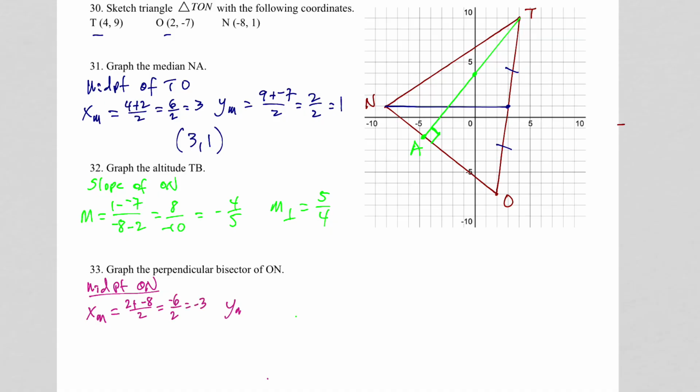And the y value of the midpoint is the y's added up, negative 7 plus 1 over 2. So the midpoint is negative 3, negative 3. So I go to negative 3, and I'm going to draw my little dot.